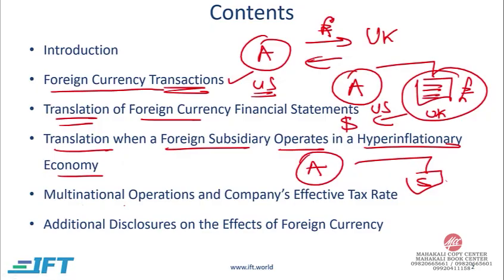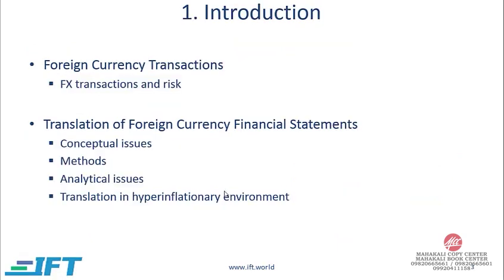Then we'll talk briefly about multinational operations and a company's effective tax rate. And the final segment will be related to additional disclosures on the effects of foreign currency. The two major aspects that we address in this reading are foreign currency transactions and the translation of foreign currency financial statements.